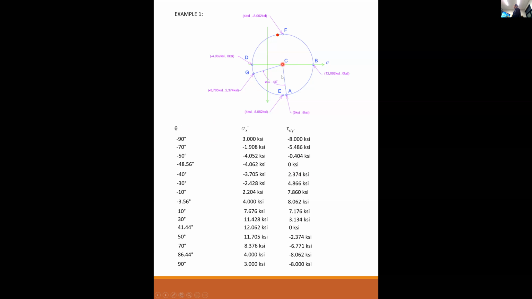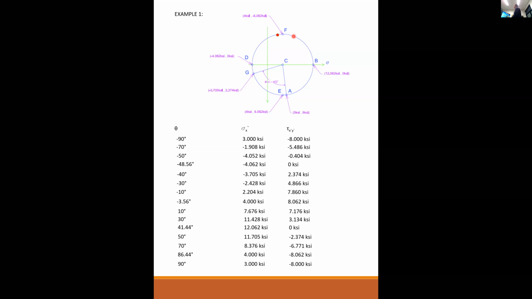So minus 90, you go 180 degrees clockwise. If you're positive 90, you go 180 degrees counterclockwise. And 180 degrees from A this way and 180 degrees from A this way gets you to exactly the same spot, right? But not so with 70. Minus 70 gets you over here. Positive 70 gets you over here.